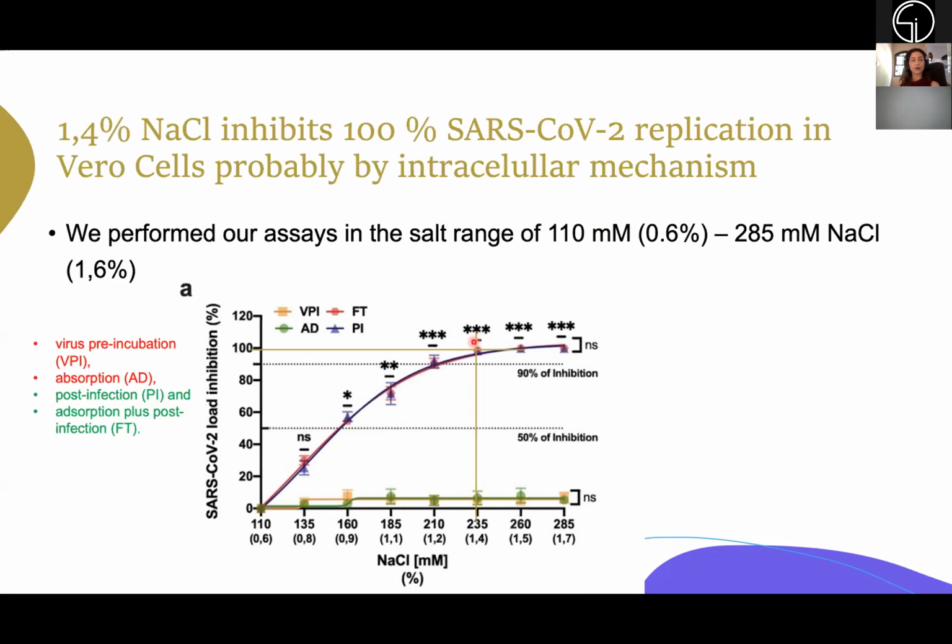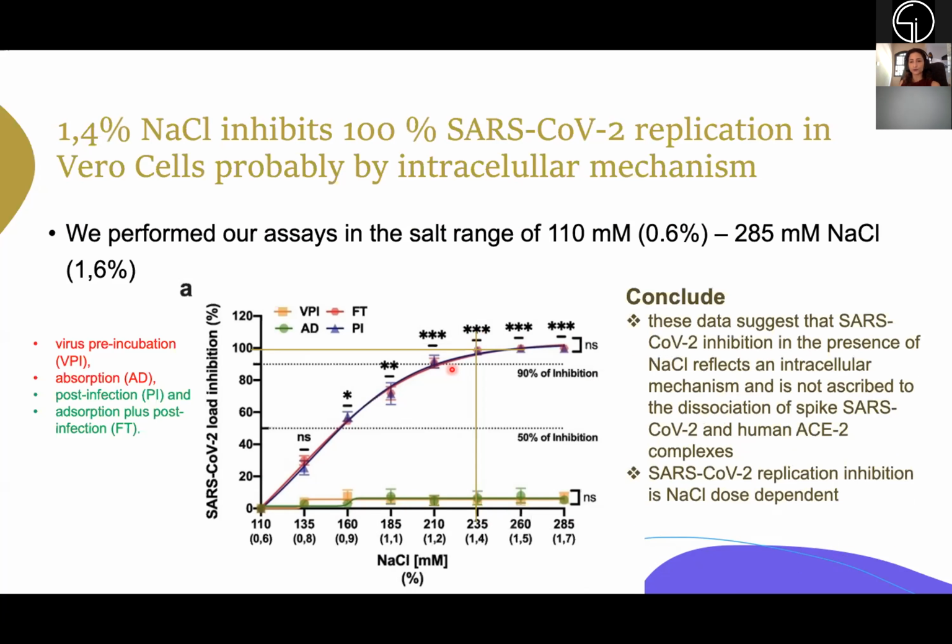So 1.4% is enough to inhibit 100% of SARS-CoV-2 replication in Vero cells. And based on our results, it probably happens by an intracellular mechanism not related to the binding of the spike to the human ACE2.